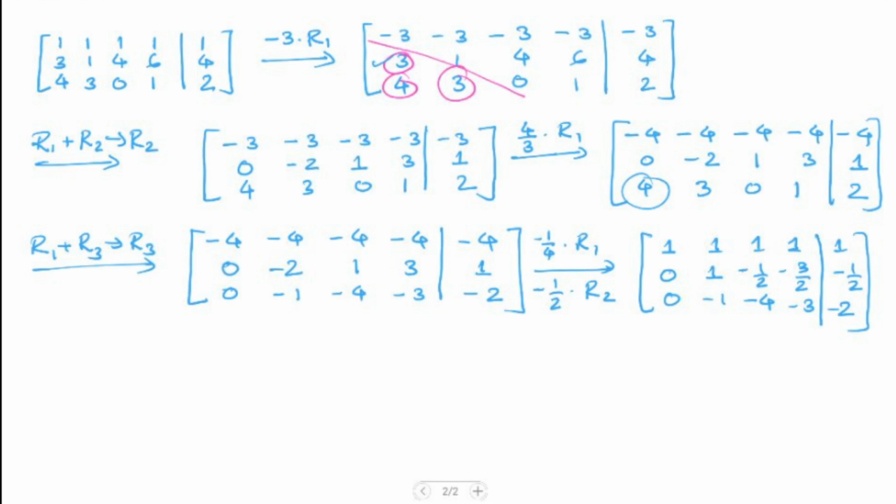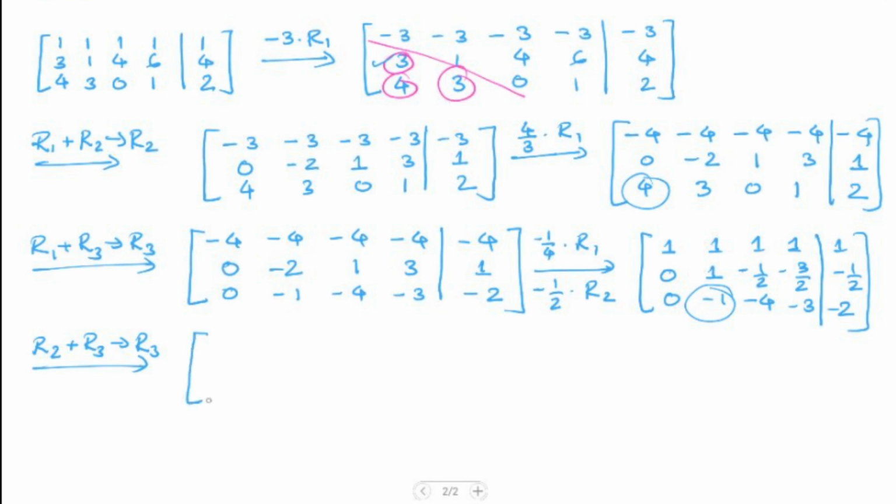The next row operation that we do is, now we'll take the value of row 2 and we'll add it to row 3 and we'll put the values to row 3. Okay, that's because we want to make this element here now 0.